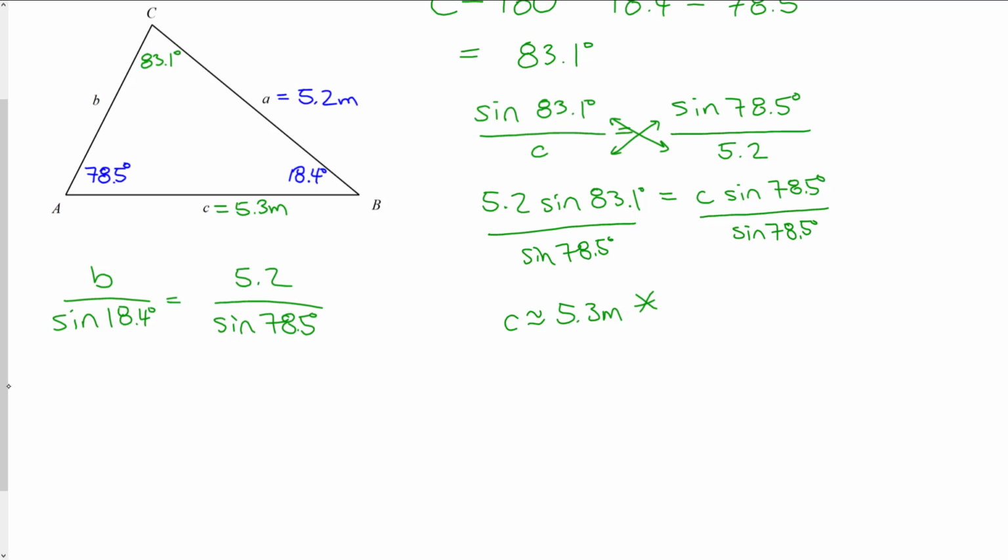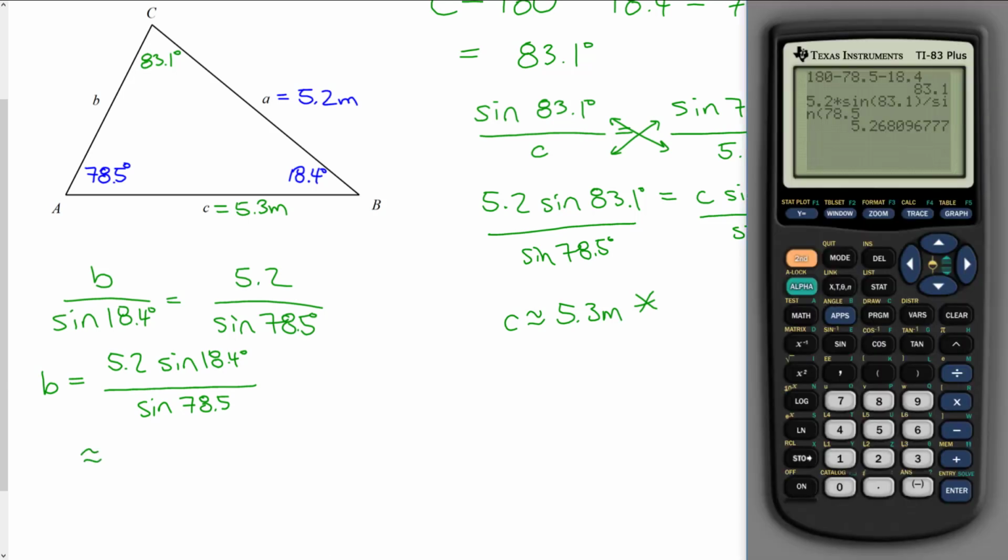So when I cross, I'm basically just going to multiply the other side by sine 18.4 degrees. So b is 5.2 sine of 18.4 degrees divided by the sine of 78.5 degrees, which is approximately, well, find out.